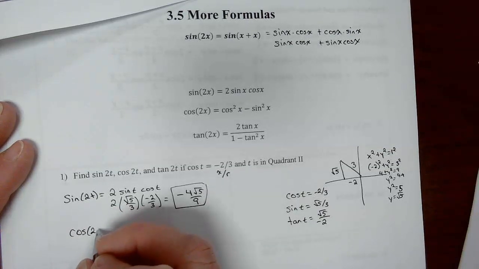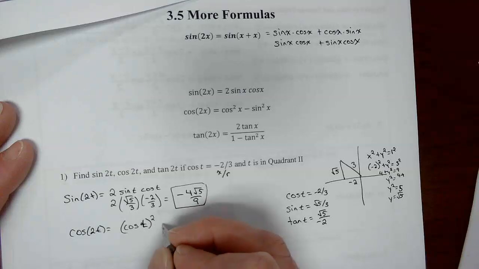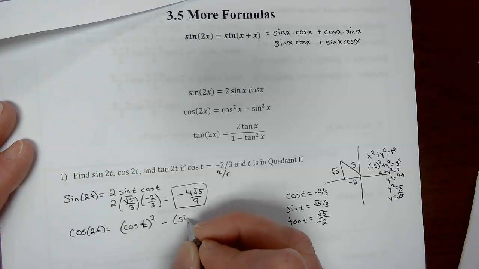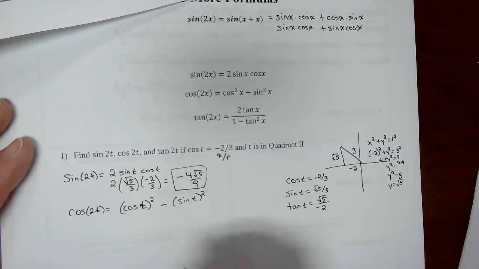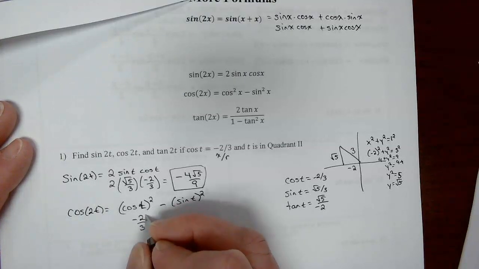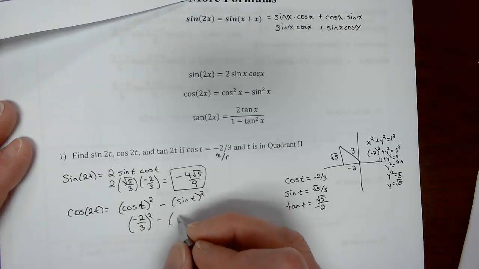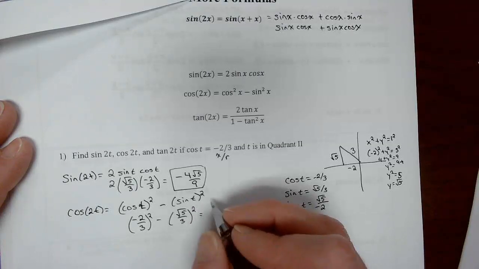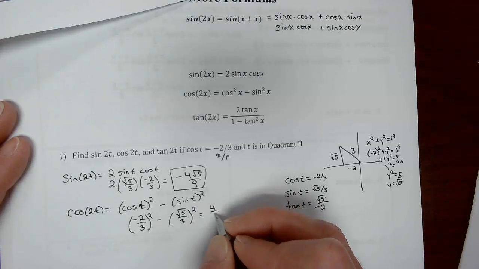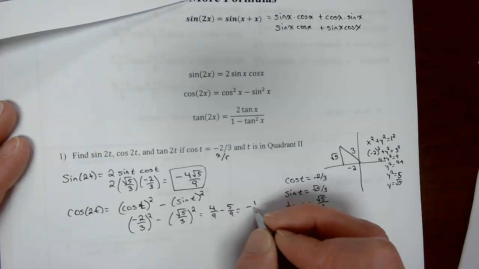Cosine of twice the angle is cosine squared, which means I'm going to take cosine of t and square it, minus sine of t squared. So cosine was negative 2 over 3, sine was square root of 5 over 3. So that's going to be 4 over 9 minus 5 over 9. That's negative 1 over 9.